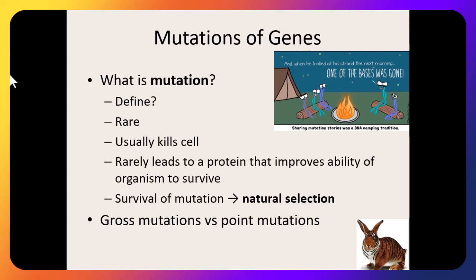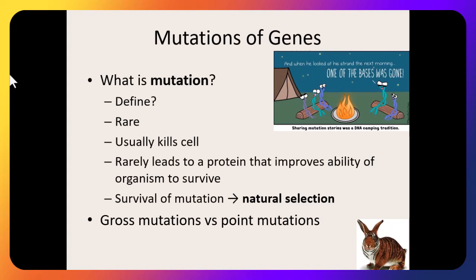Now, mutations themselves are rare, and generally change is bad when it comes to DNA sequences. And usually mutations to DNA kills the cell, because the cell can't do what it's supposed to do, because you've changed the DNA sequence. Rarely, but it can still happen, that a change in DNA codes for an advantage. Sometimes it does. Sometimes. Very rare.